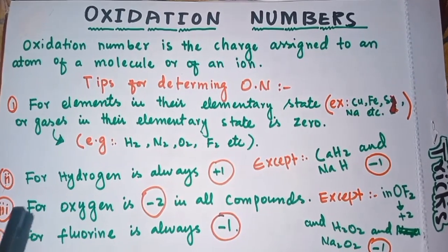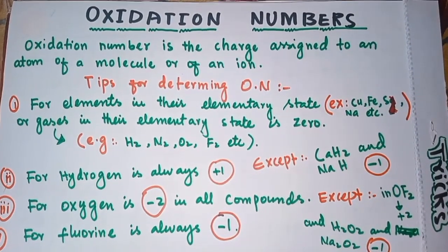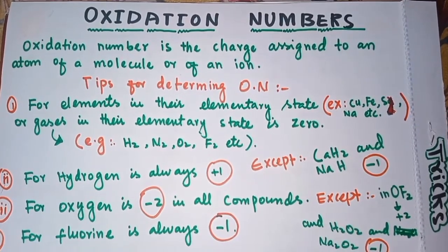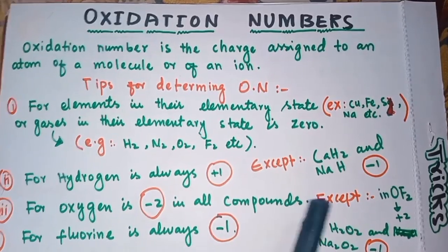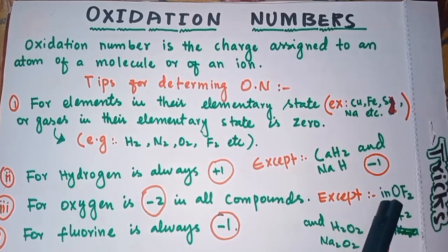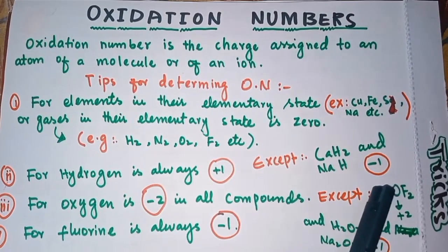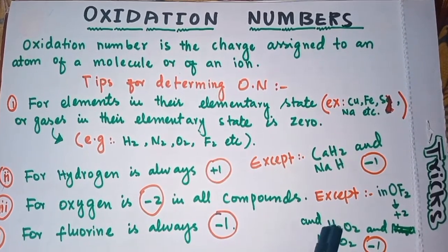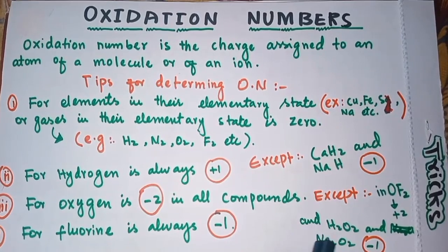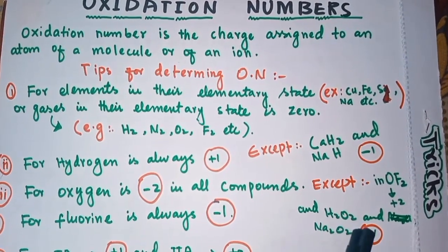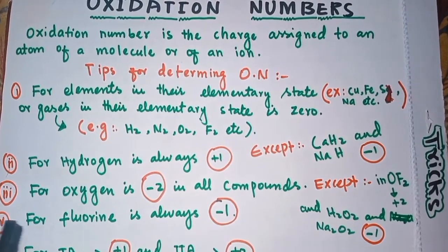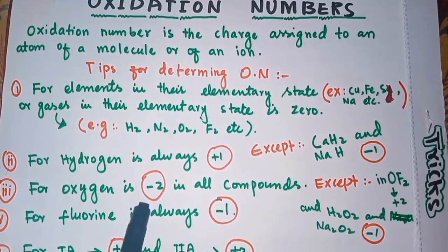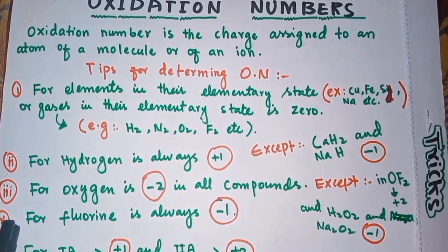Tip number 3: for oxygen the oxidation state in all compounds is -2, except in OF2 where the oxidation state of oxygen is +2, and in peroxides like H2O2 and Na2O2 the oxidation number is always -1. For fluorine the oxidation state is always -1. This is tip number 4.